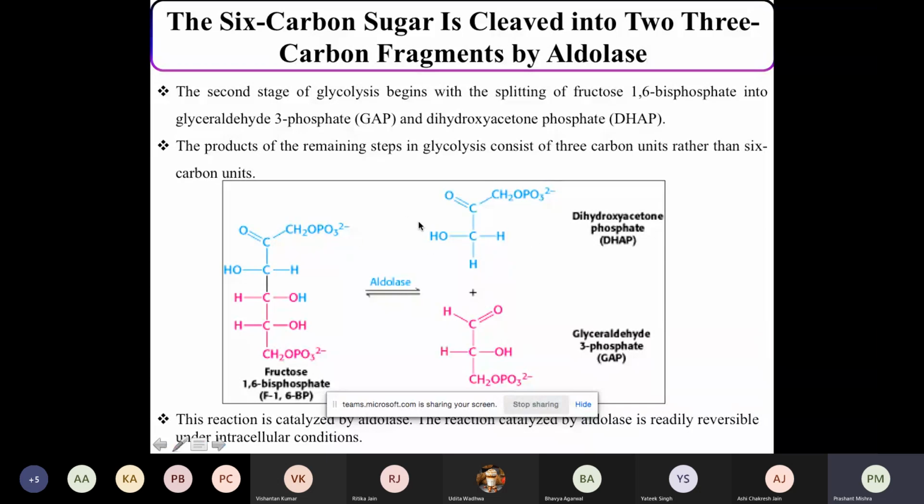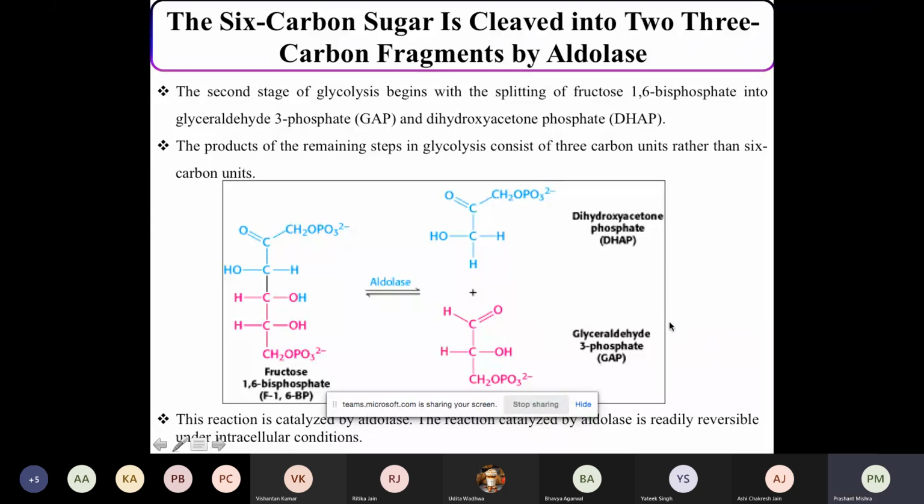So you must have a question: why is fructose 1,6-bisphosphate metabolized, why does it move forward? Ultimately you will learn that after formation of glyceraldehyde 3-phosphate, it is utilized for the next step of the reaction that we will discuss.